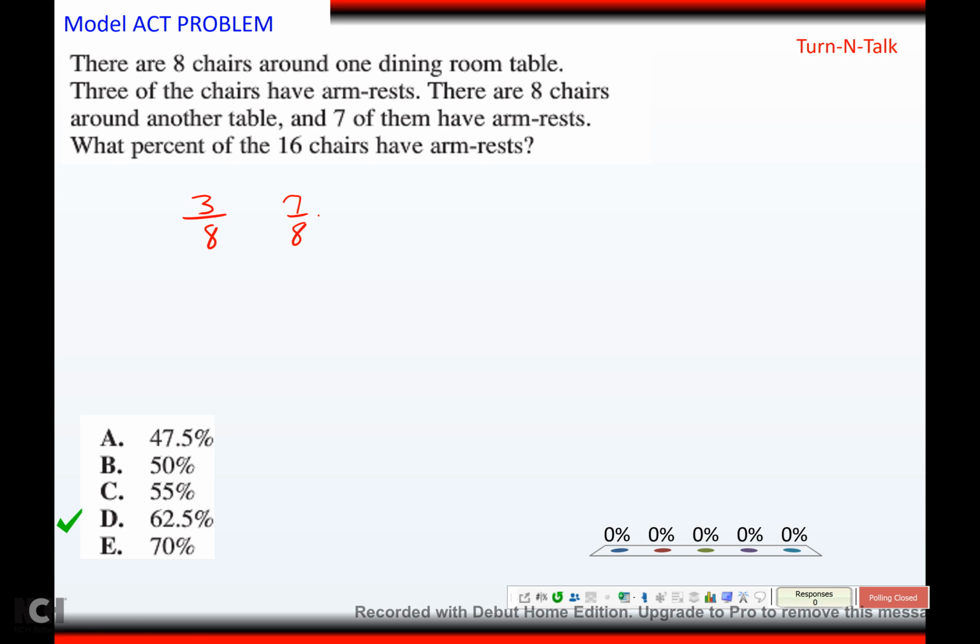What percent of the 16 chairs have armrests? So that means 10 out of 16 chairs have armrests. If I divide 10 by 16, you get 0.625. That's a decimal. 2 places over makes it 62.5%.